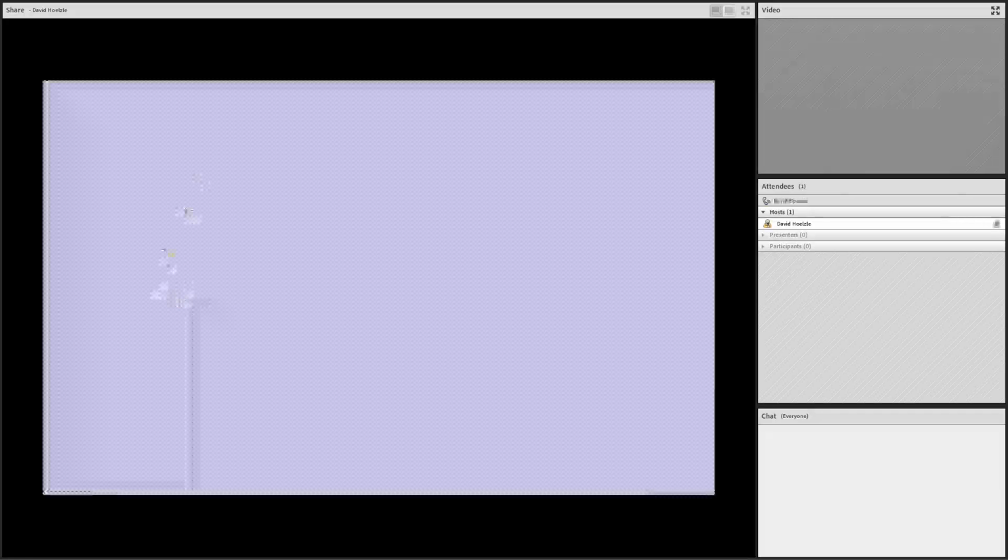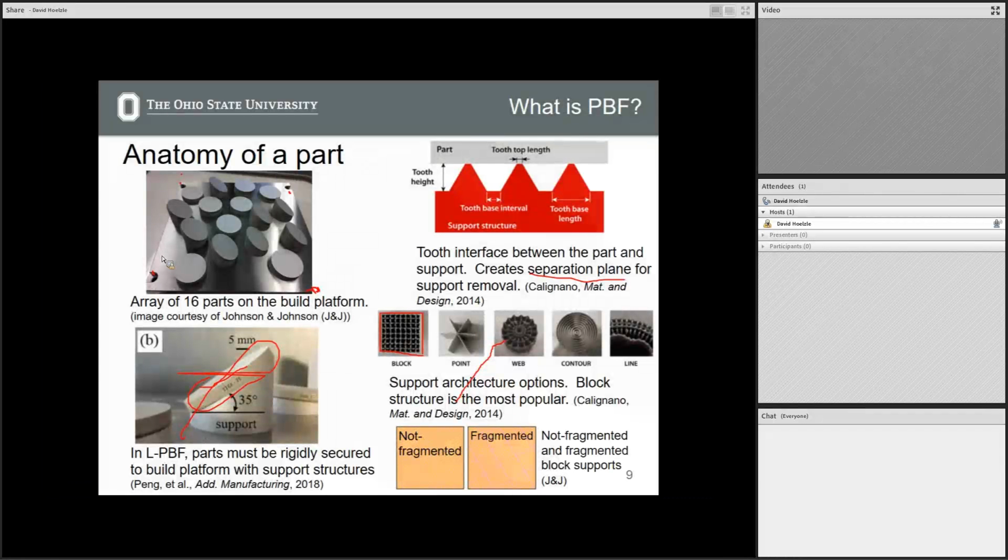This build plate or build platform, build substrate, you see all of these terms used interchangeably, is just a really large piece of metal that you build things on top of. This is somewhere on the order of 16 inches by 16 inches, and about 3 inches thick. Has anyone ever tried to pick up a piece of metal that heavy before? It's doable, but you'll sweat a little bit.